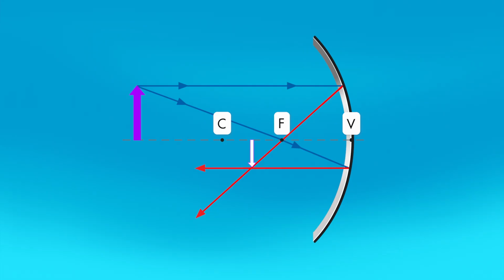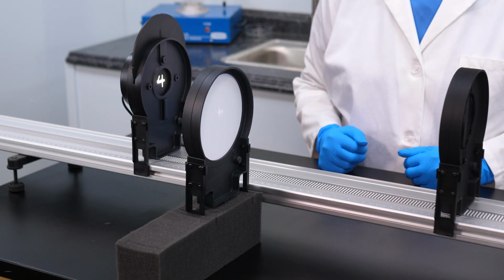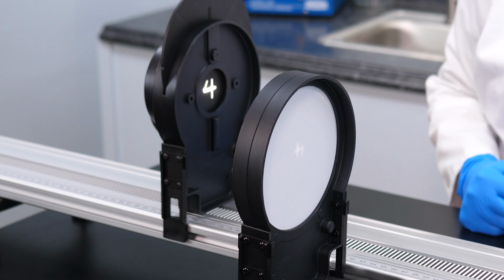This image has a magnification of -1/2. The image should appear between the center of curvature and the focal point. To see the image, we have moved the reflective screen to the 93 centimeter mark on the optical bench. As we can see, the image is inverted and 1/2 the size of the object.